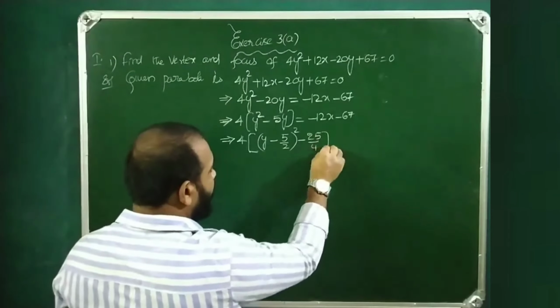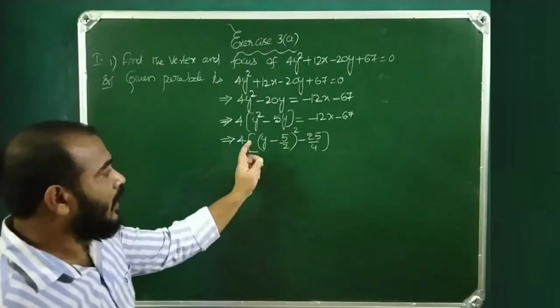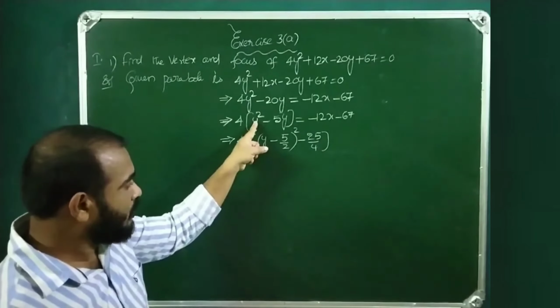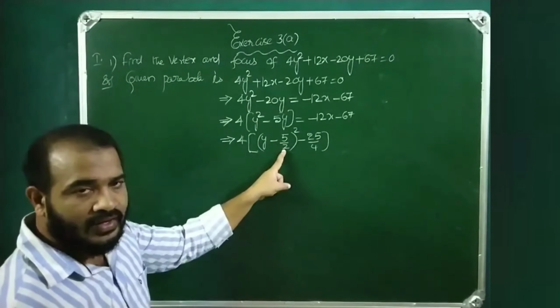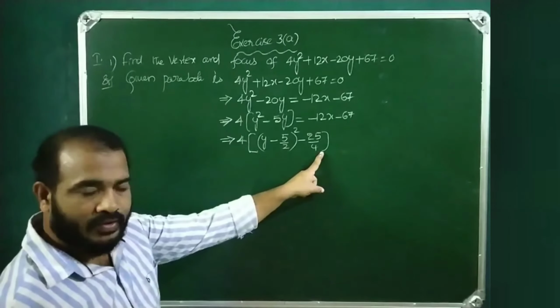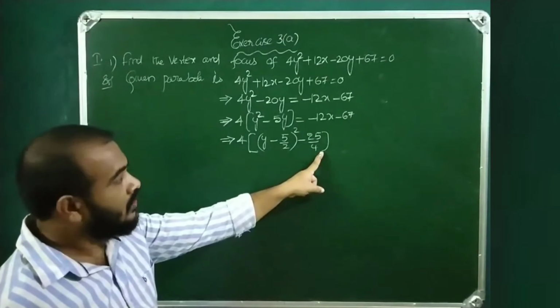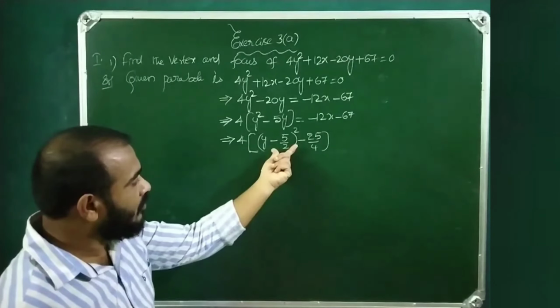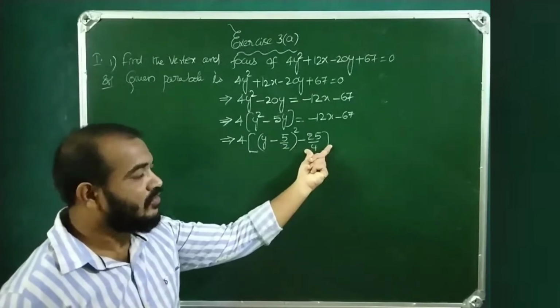You can even check with this, a minus b whole square. So a square, that is y square, plus b square, 5 by 2 whole square is 25 by 4, minus 25 by 4. Whichever is not there, I just balance with plus 5 by 2 whole square minus 5 by 2 whole square.